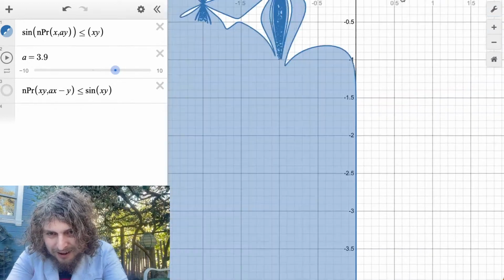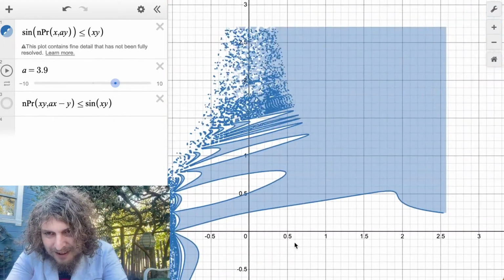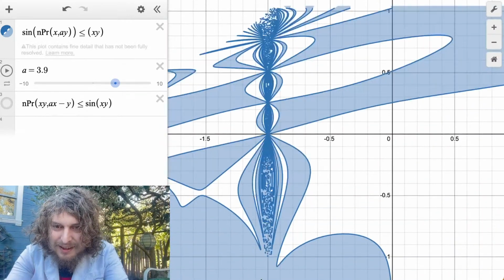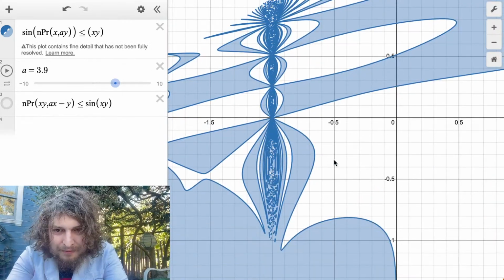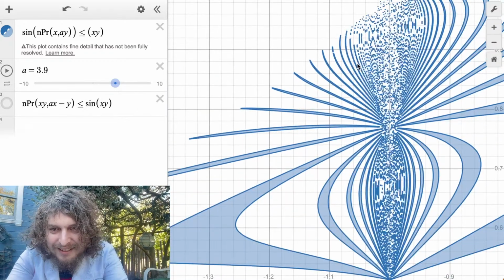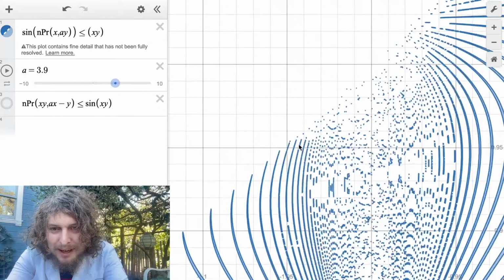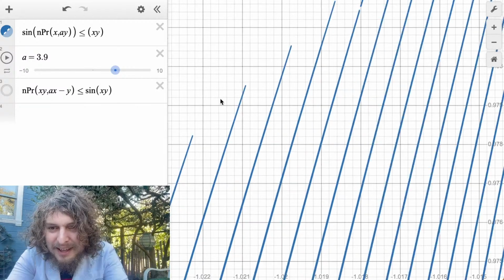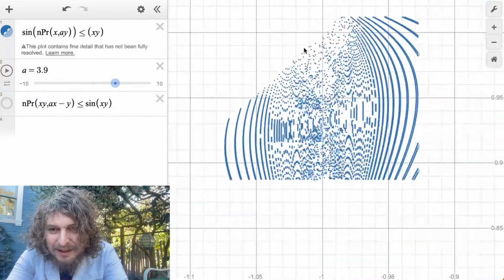And down here, I don't think you get anything. Up here, you get everything. And so this is the most interesting part. But it's strange the way they cut off right there. And if we zoom in, I think it keeps going. I think we keep getting more and more of these no matter how much we zoom in. That's why it looks like dots.